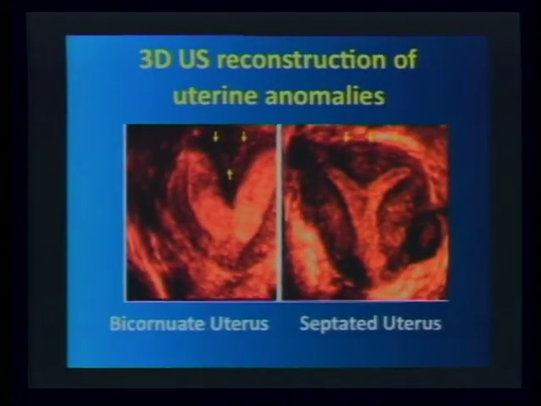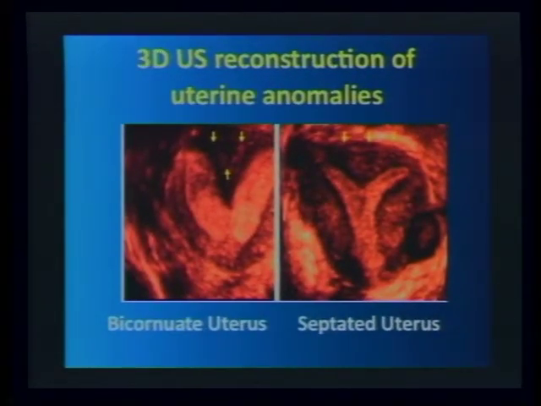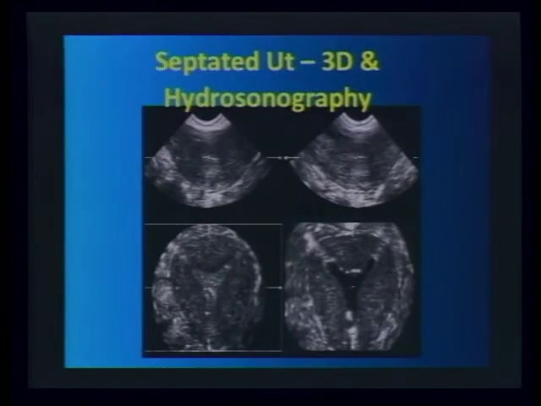And another example of septated uterus: you can see a large septum, so-called two cornua, but the fundus is intact. That's why this is septated uterus, and this is bicornuate uterus. You can combine hydrosonography with three-dimensional ultrasound.